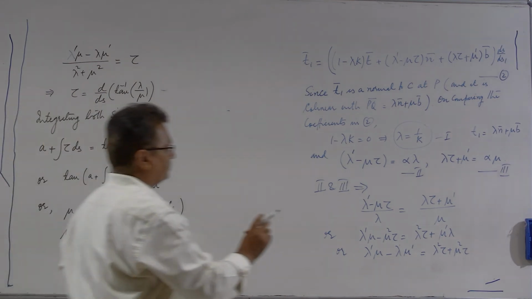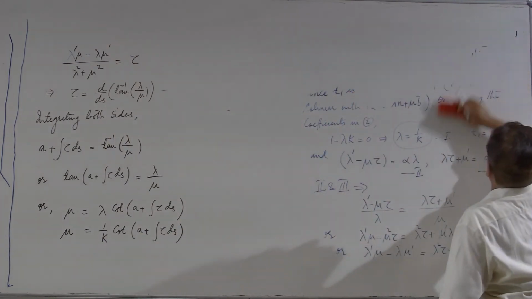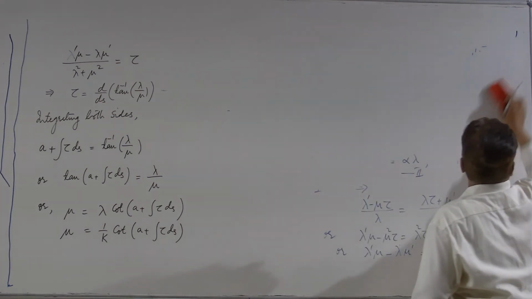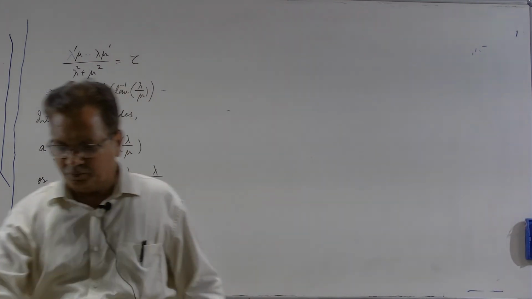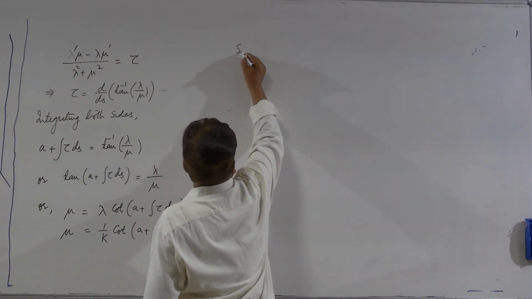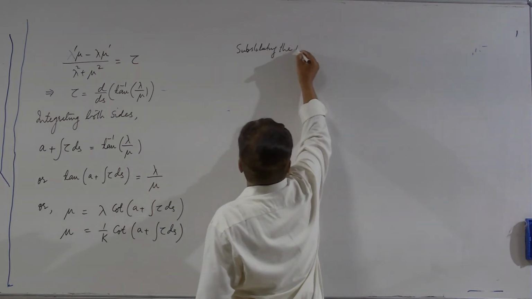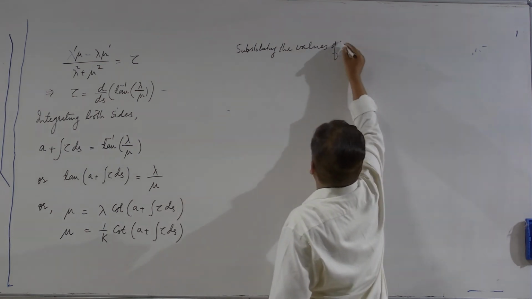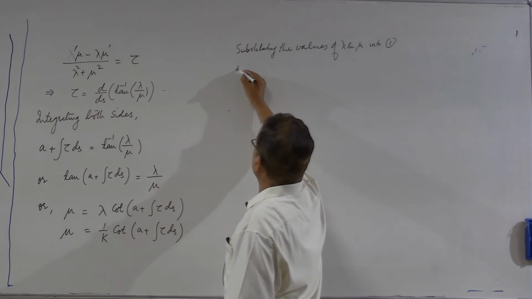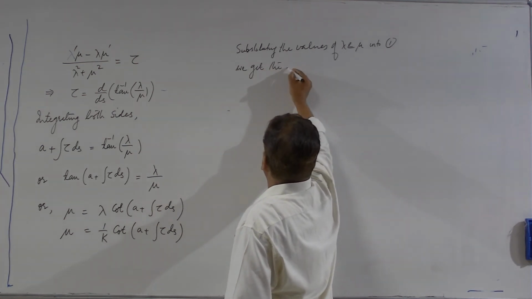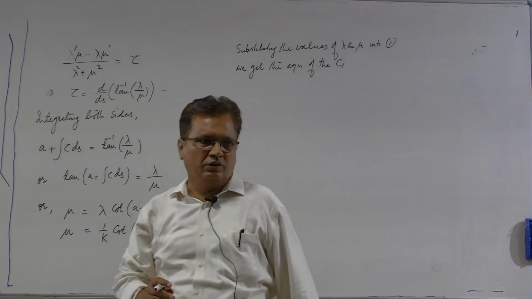So, substituting the values of lambda and mu into equation 1, yes, we get the equation of the curve C1, and C1 is the evolute for the curve C. Okay.